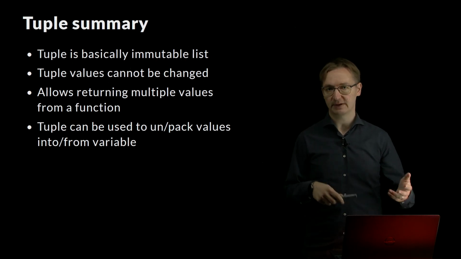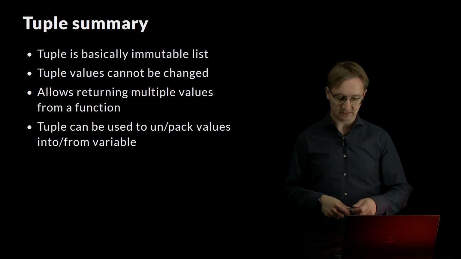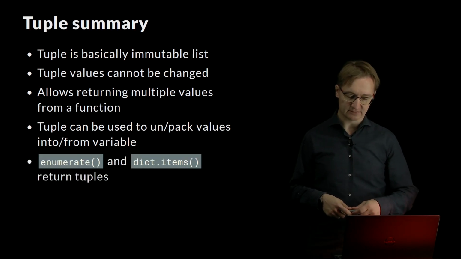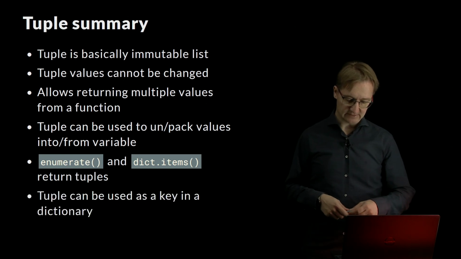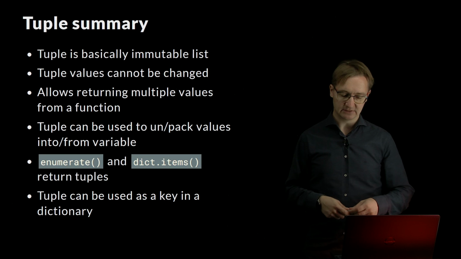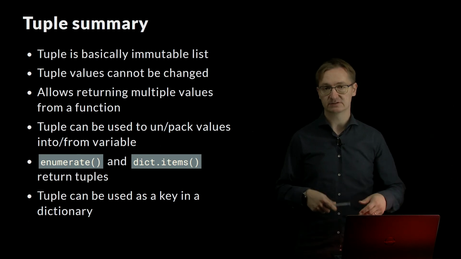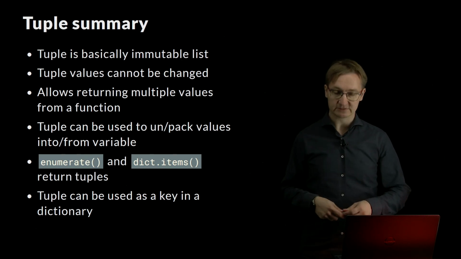And if I want to unpack the values from a tuple into 3 variables, then we say it's unpacking. And enumerate and dict items return tuples. And because a tuple is immutable, we can use it as a key for a dictionary. And actually the same goes with sets. We can use tuples inside a set.